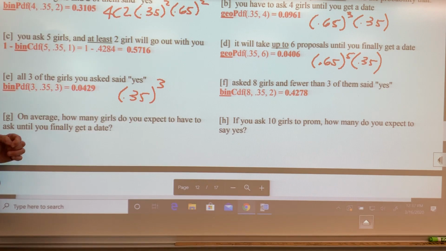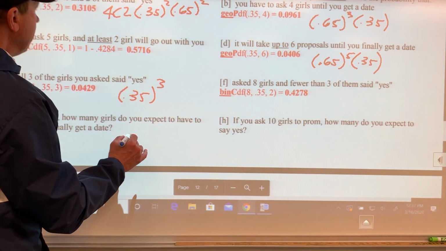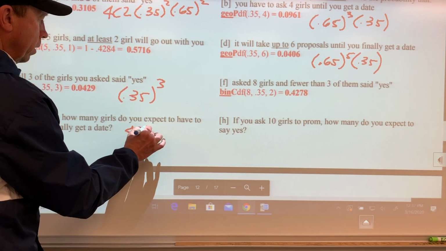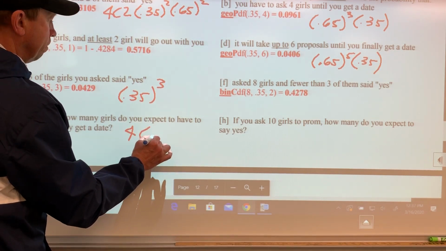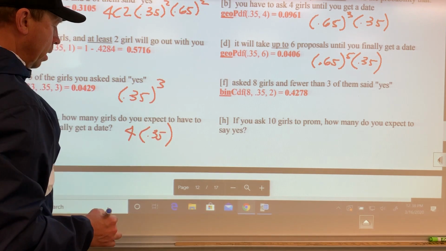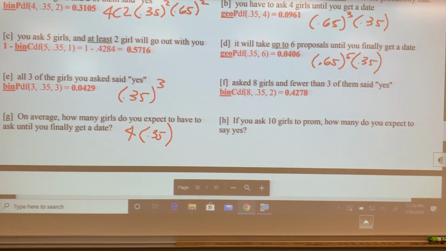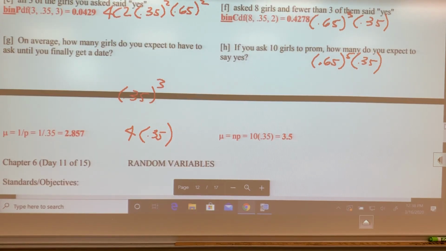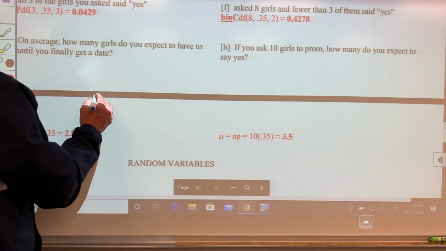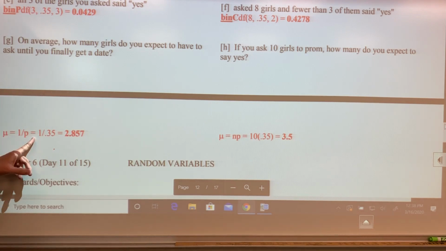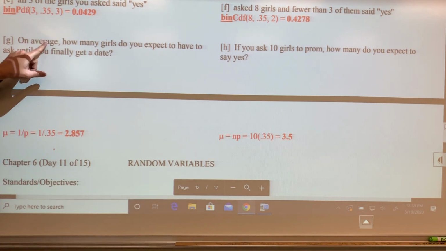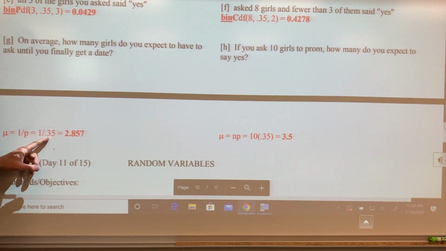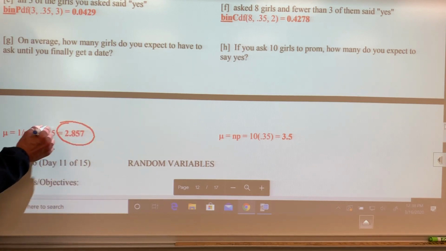Okay, that would be 1 divided by 0.35. 1 divided by 0.35, that's 2.857.